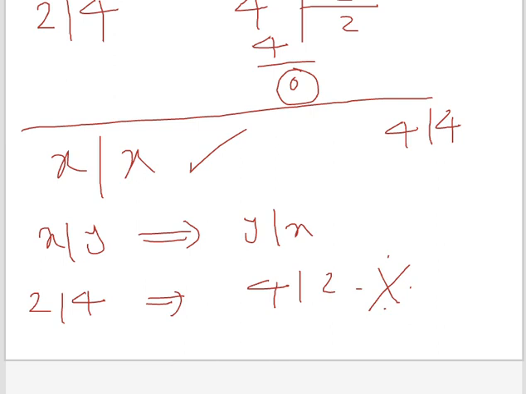I check whether this is an equivalence relation or not. We can say that x is a divisor of x. For example, 4 divided by 4. This is true. If x is a divisor of y, can we say that y is a divisor of x? 2 divides 4, can we say that 4 divides 2?